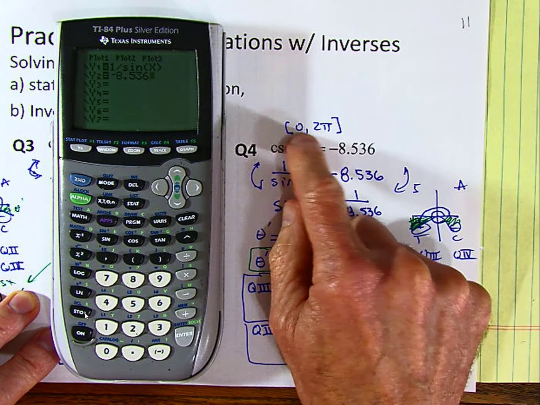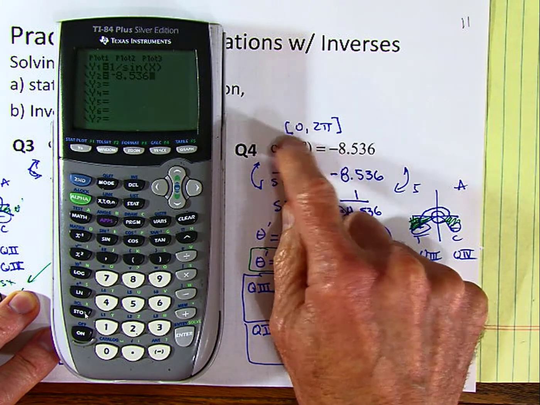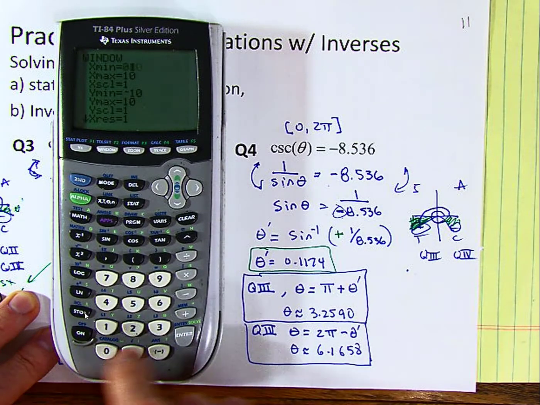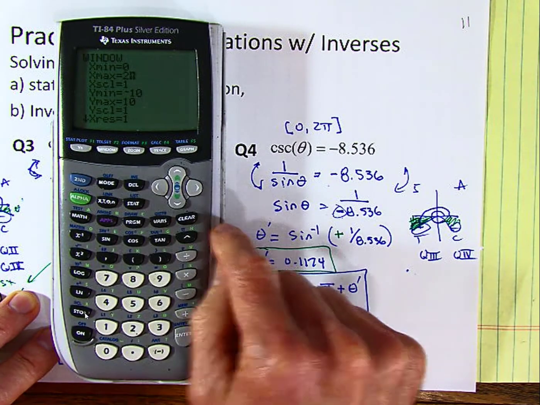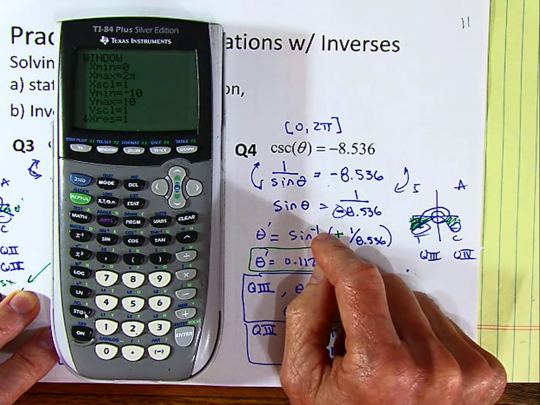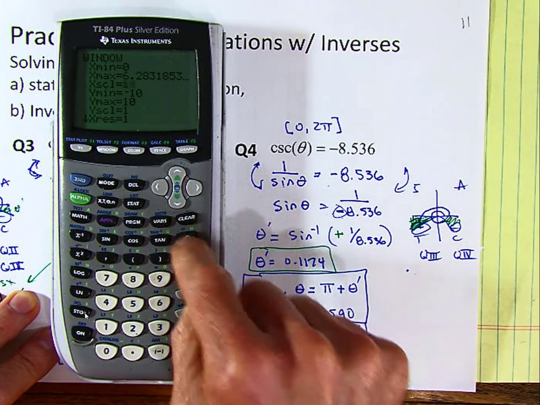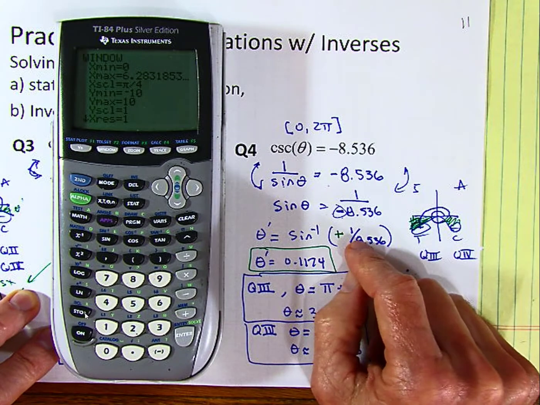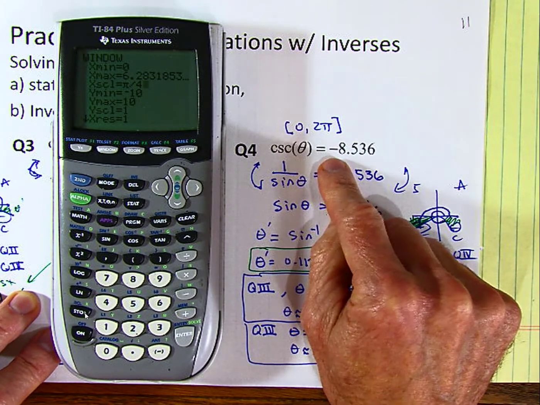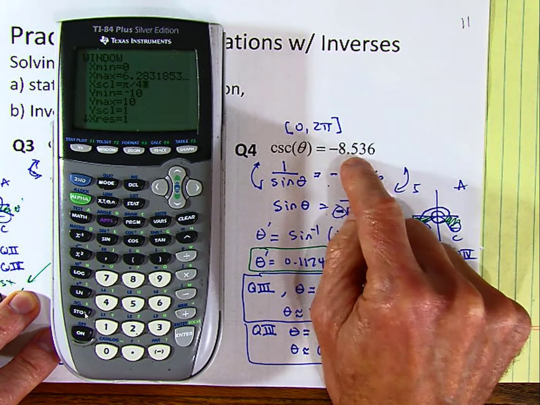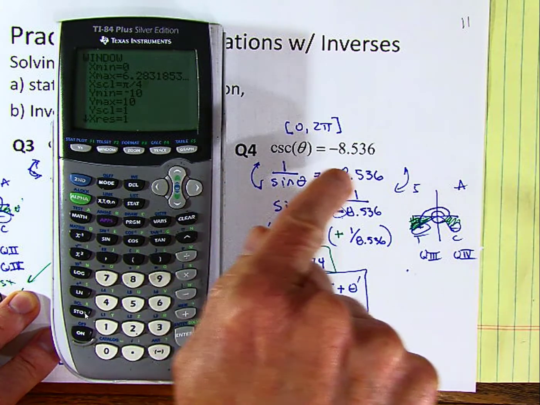Now I am only interested in 0 to 2 pi. So when I do my window, I'm going to go 0 to 2 pi. And I'm going to count the scale by pi divided by 4, pi fourths. Now, one equation is negative 8. So my y equation is going to be horizontal at negative 8.